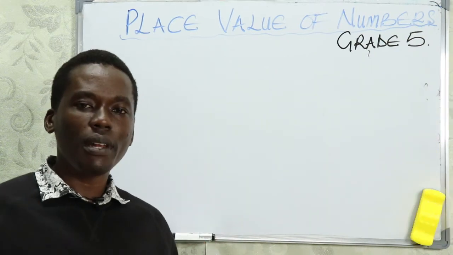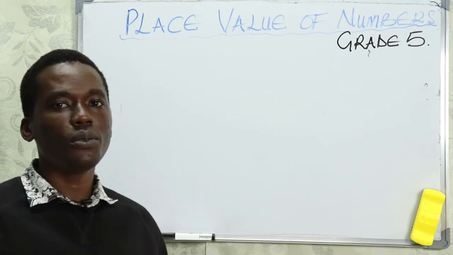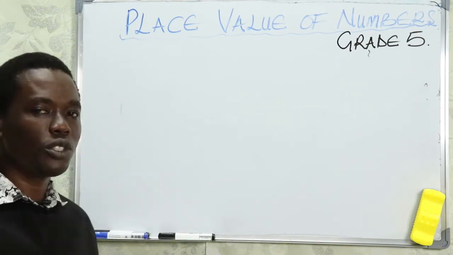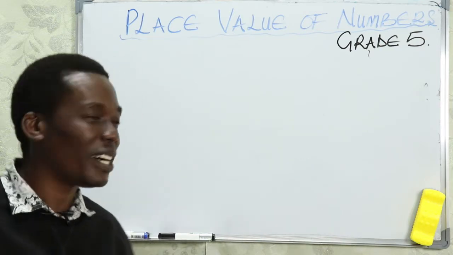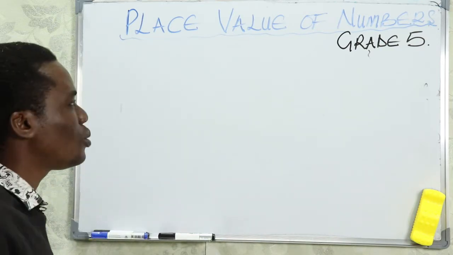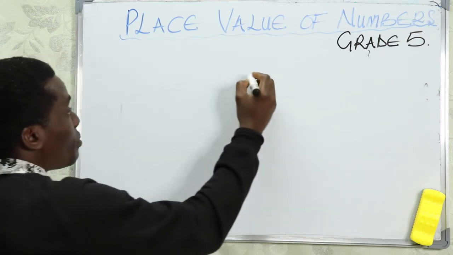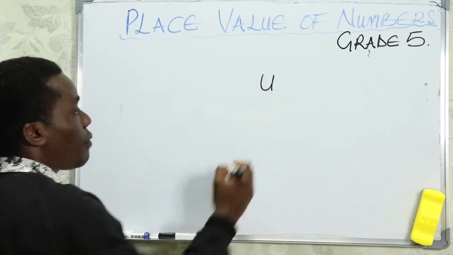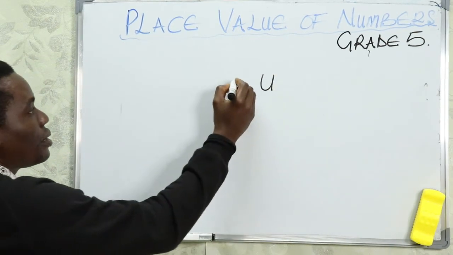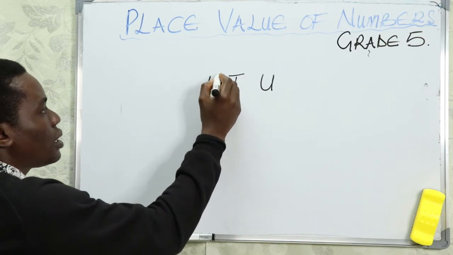And let's consider the placing of numbers in their various place values. Now, each of these digits, I told you earlier, has its place value. What do we really need to do? Remember the last time I told you, let's start from the units. After the units, we have the tens. After the tens, the hundreds.